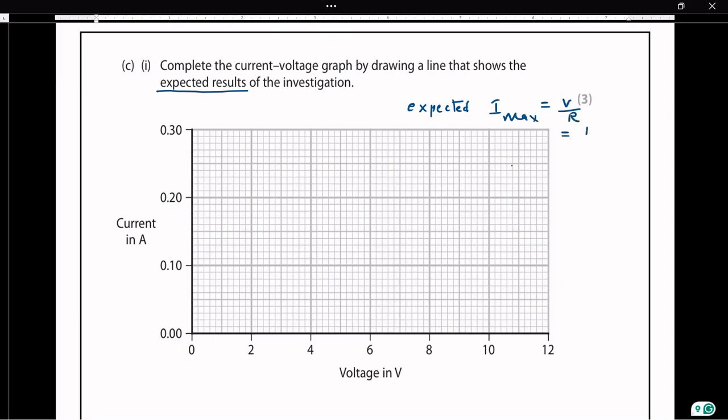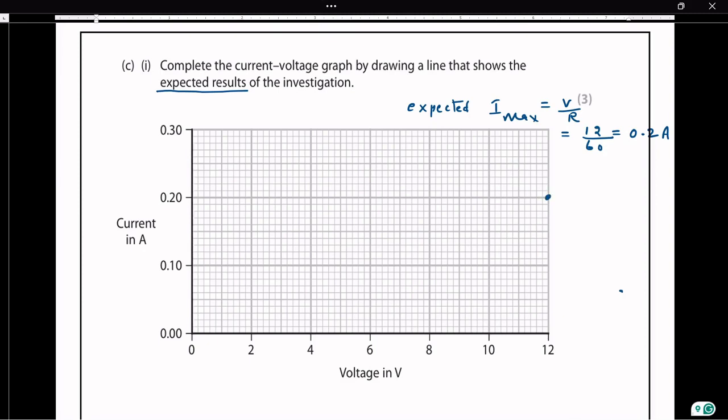That means 12 volts over 60 ohms, which gives 0.2 ampere. So when you are drawing the graph, the maximum value of current should be 0.2. Let us mark that: for 12 volts, we have 12 volts and 0.2 amperes. This is the maximum current.